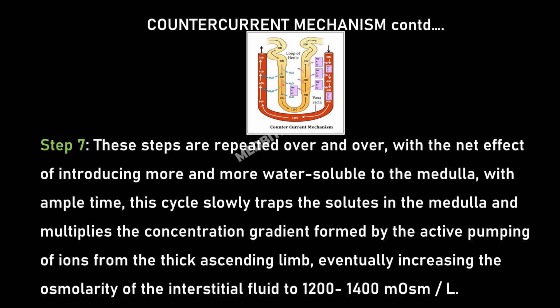With ample time, this cycle slowly traps the solutes in the medulla and multiplies the concentration gradient formed by the active pumping of ions from the thick ascending limb, eventually increasing the osmolarity of interstitial fluid to 1200 to 1400 milliosmolar per liter.